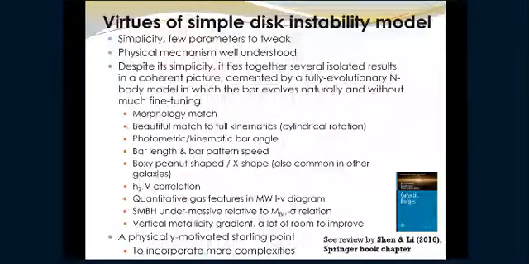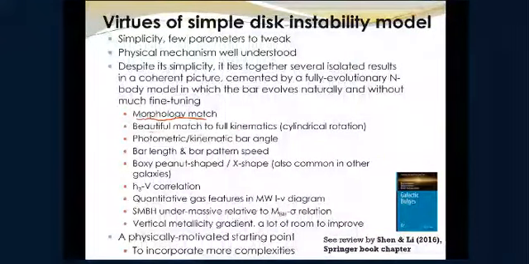It is cemented by a fully evolutionary N-body model in which the bar evolves naturally and without much fine-tuning. So it can match the morphology of the Milky Way bulge, and also match the kinematics very nicely. And we can also get a photometric bar angle, bar length and bar pattern speed. They are all similar to other independent studies.